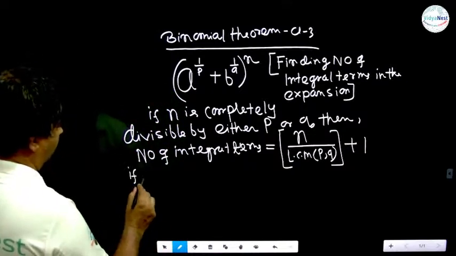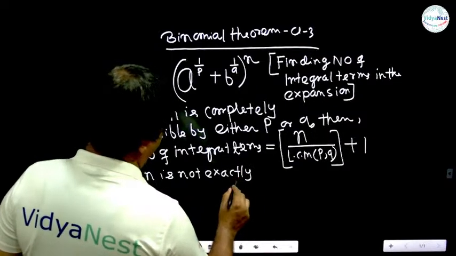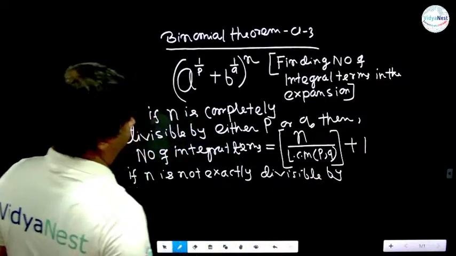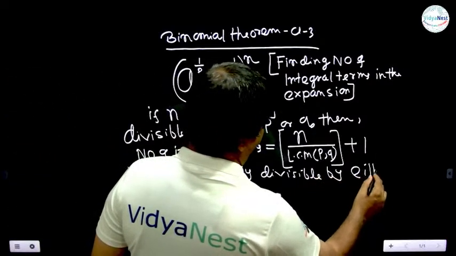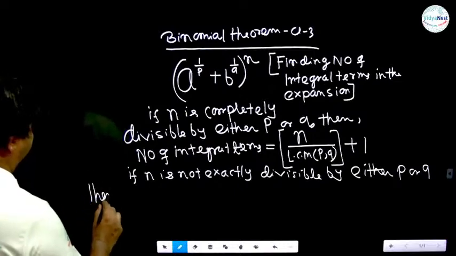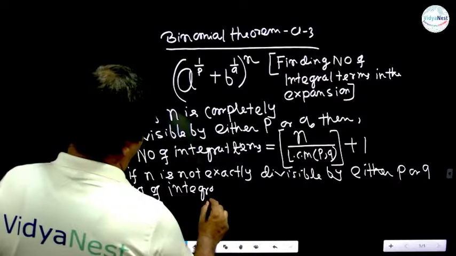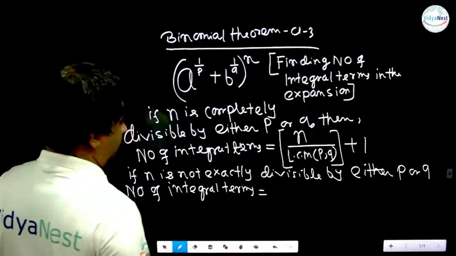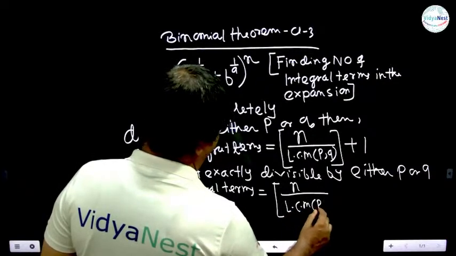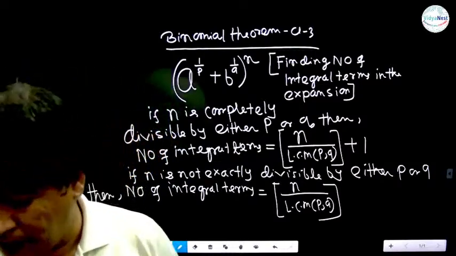And if n is not exactly divisible by either P or Q, then it is the integral part of n by LCM of P and Q. Few examples we did last day.